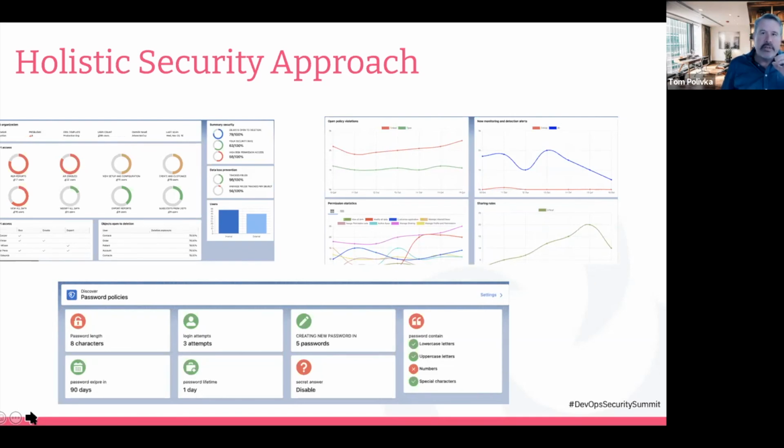So in working with those customers over the last year or so, we have come up with this holistic DevSecOps model for Salesforce. The idea is to look across an org and provide a number of different views, from high granularity auditing to monitoring and detection. We're looking at things like permission statistics, policy violations around passwords, for instance, et cetera.